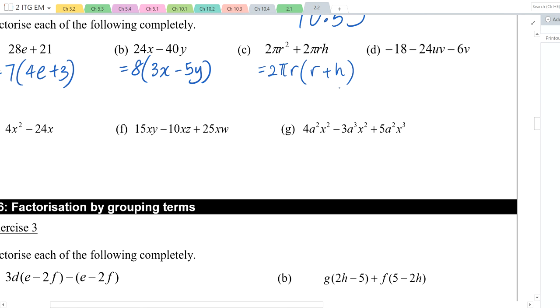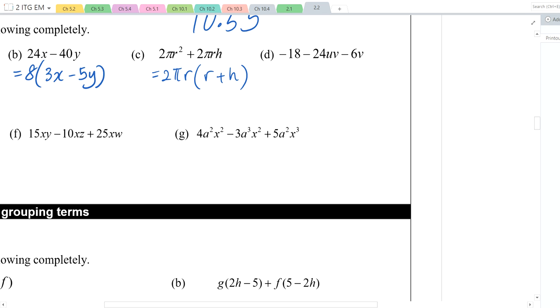Next one. Wow, so many negative signs. I think I can factorize out negative 6. Do you factorize out negative? Okay, if I factorize out negative 6, I'm left with 3 plus 4uv plus v.